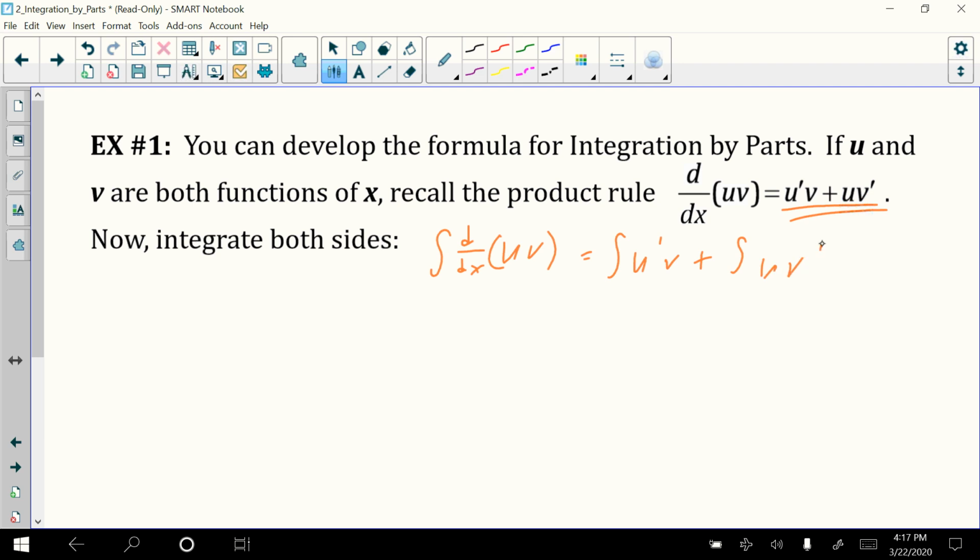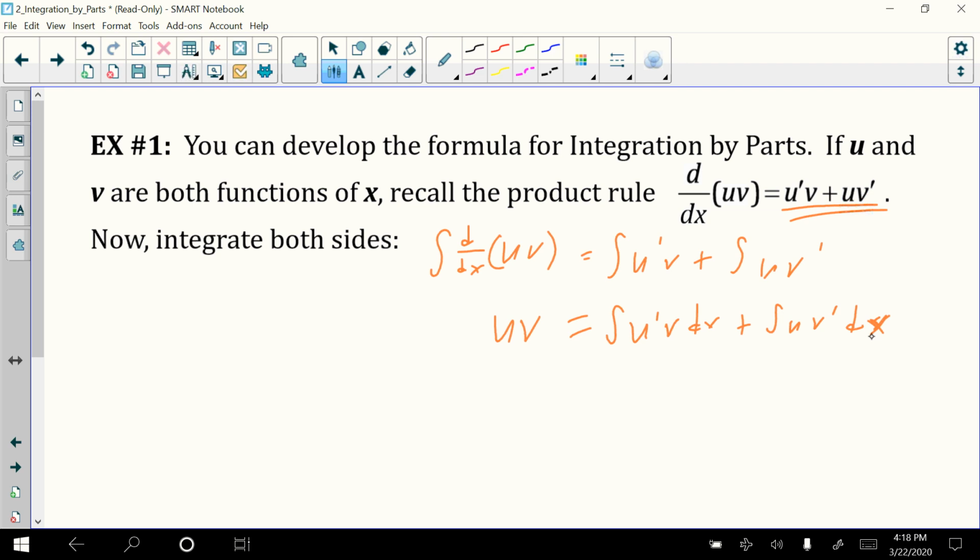Okay, so what I'm going to do is get rid of the dx on the left side and multiply it to the right side on both sides. And I'm going to integrate on the left side, and we're just going to wind up with uv on the left side here. And I'm going to have the integral of u prime v times dx plus the integral of uv prime times dx. There we go.